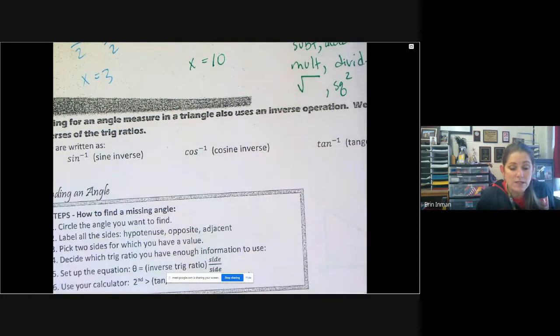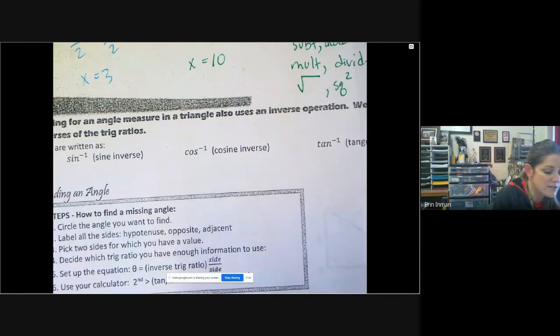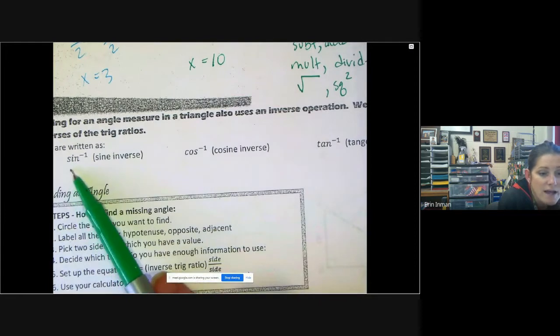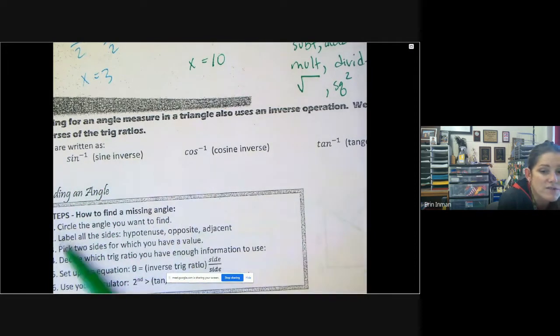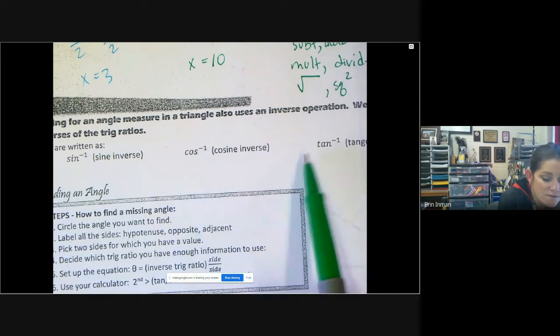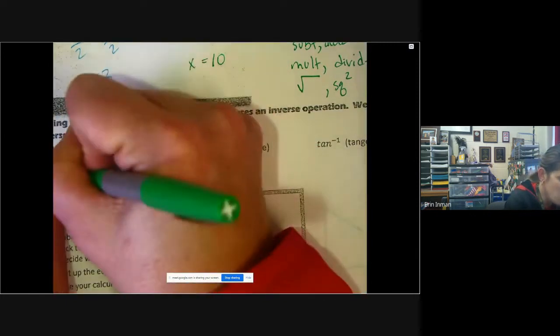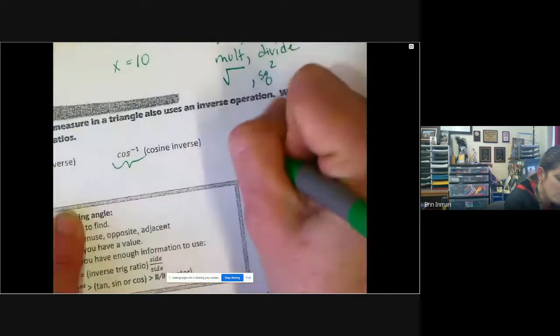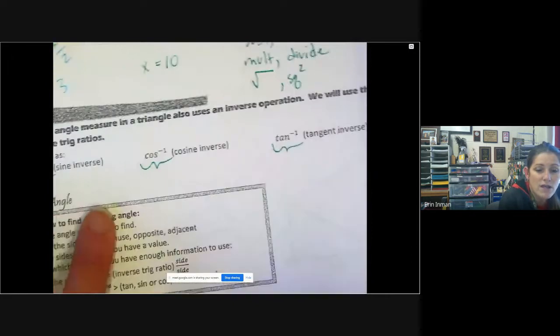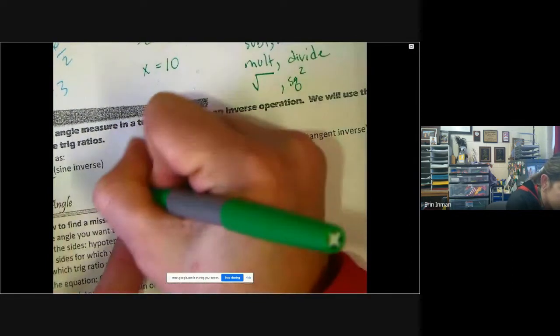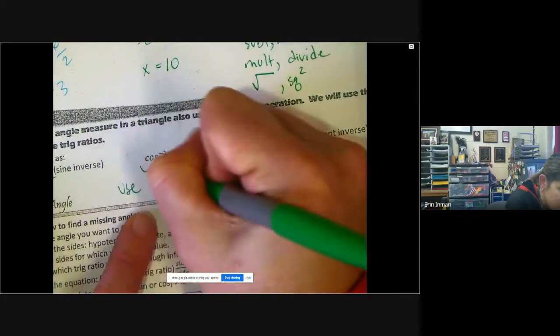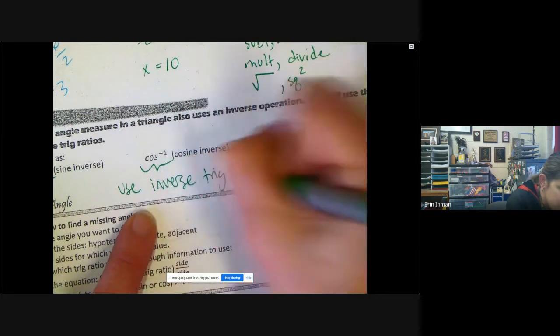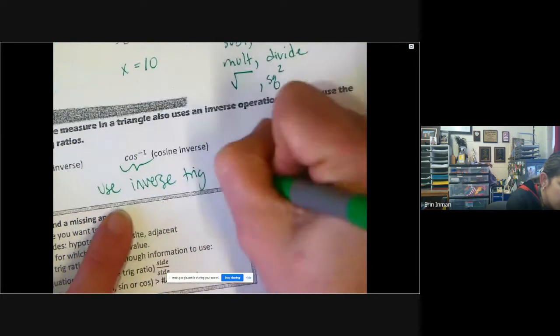And that means the inverse. And so we would say this as sine inverse, or the inverse of sine, the inverse of cosine, the inverse of tangent. And so when we are using those, we are going to use inverse trig operations to find angles.